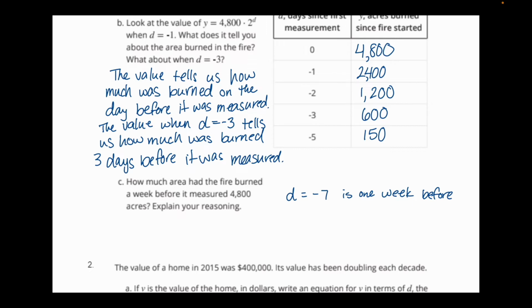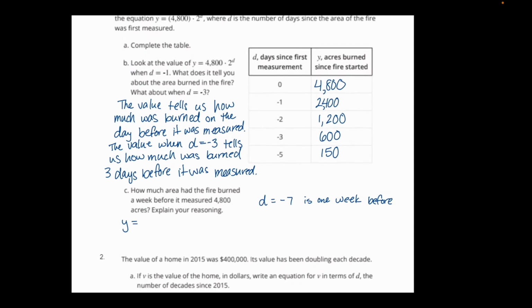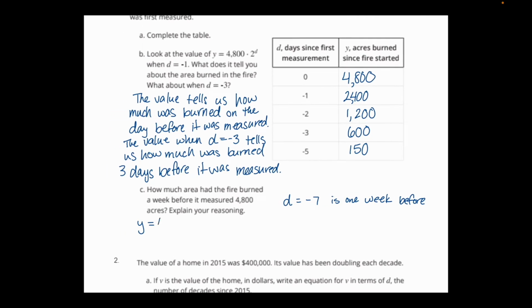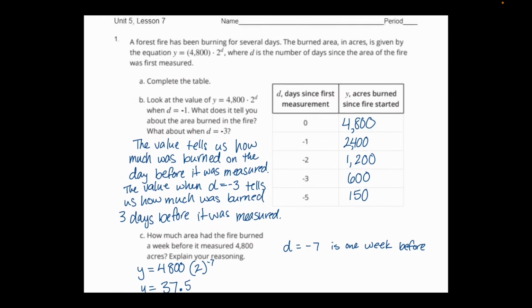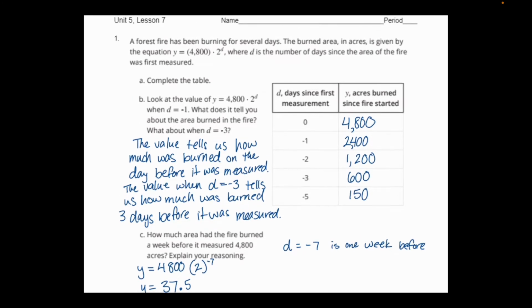So we can say y equals, I'm just going to write the whole thing out because we technically want to plug in all of this. 4,800. I like to put the growth factor in parentheses, 2 to the -7. This is going to be 37.5. And this was in acres.